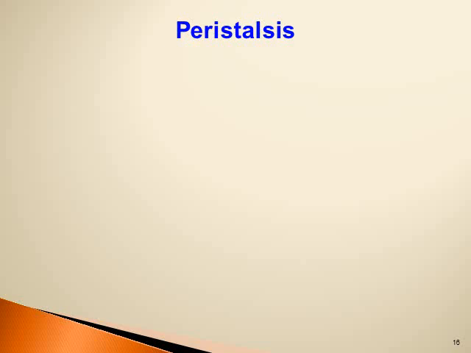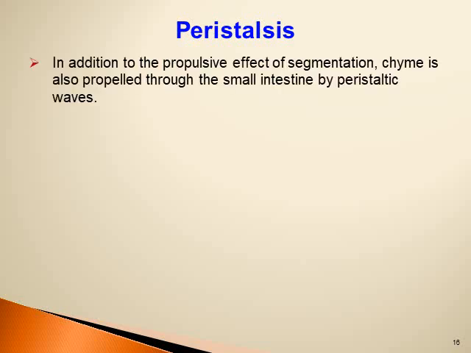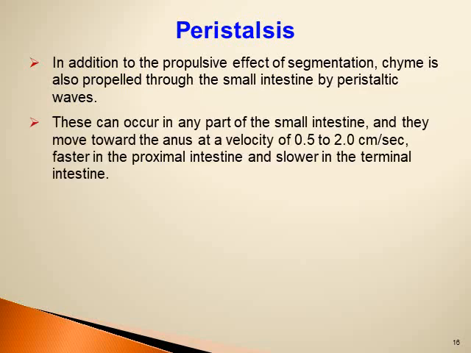Peristalsis is the other motility pattern that happens during digestion of meals. In addition to the propulsive effect of segmentation, chyme is also propelled through the small intestine by peristaltic waves. These can occur in any part of the small intestine, and they move towards the anus or towards the ileocecal valve at a low velocity, which is 0.5 to 2 centimeters per second.